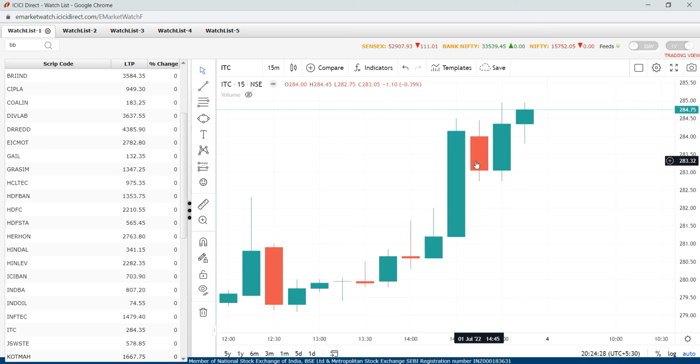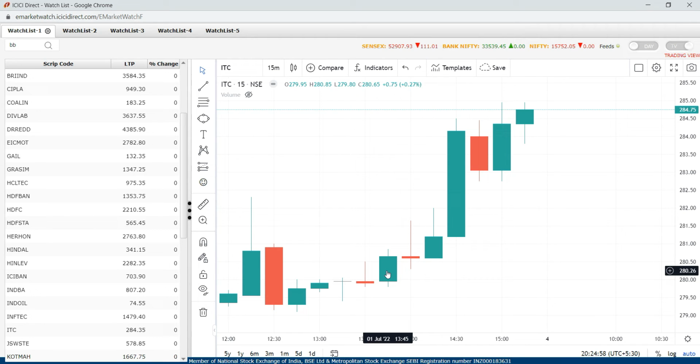I hope you understand how a green or a red candle is formed. You can go back and check any particular candle. You can see here the opening was 279.95 and the closing was 280.65. Because the opening was lower than the closing, this was a green candle.